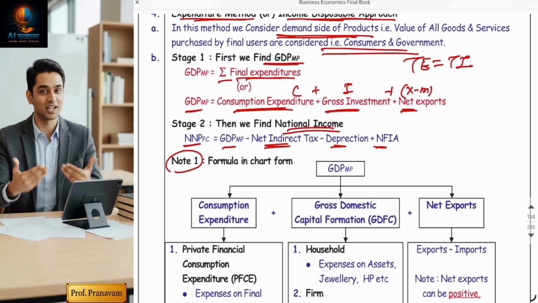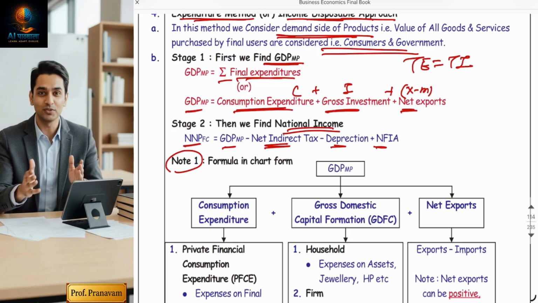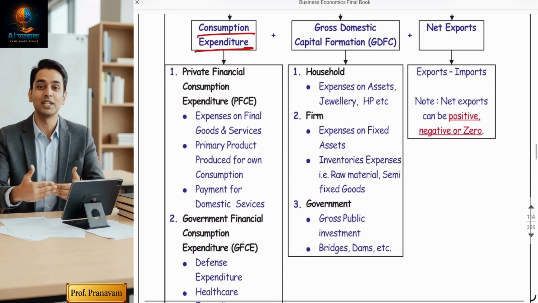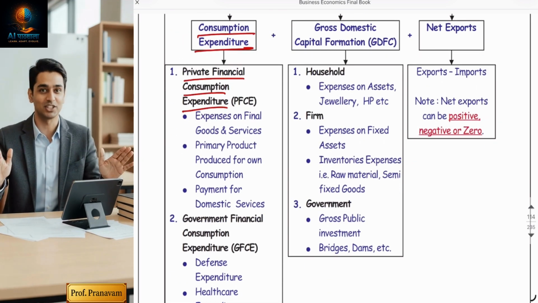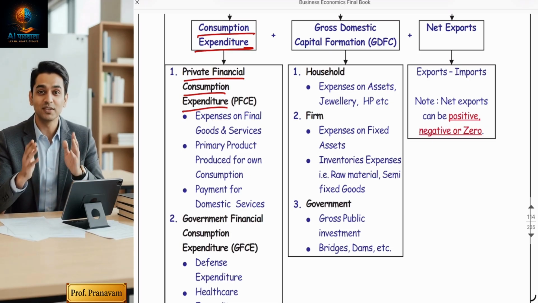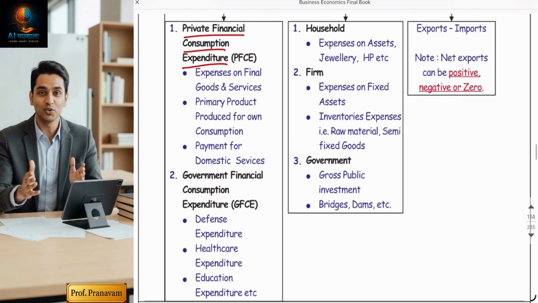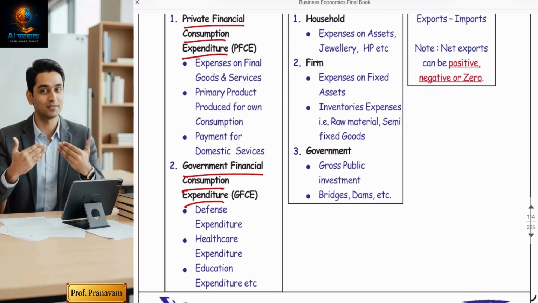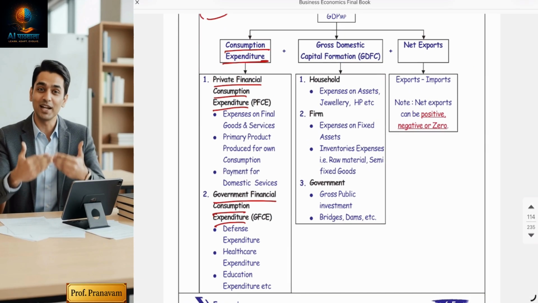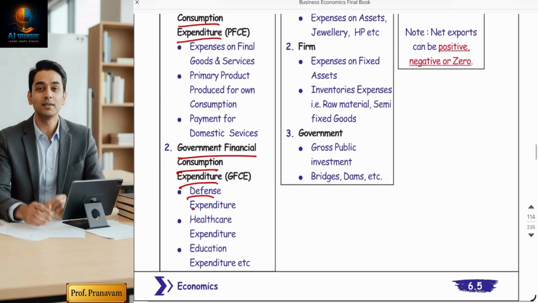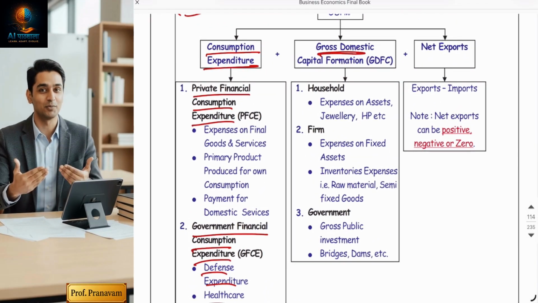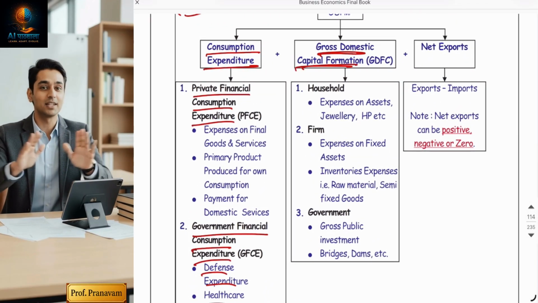Note number one: how to get GDP at market price. Consumption expenditure means private final consumption expenditure. PFCE means expenditure incurred on final goods and services by consumers. And GFCE is government final consumption expenditure. Sometimes in the exam, that is defense expenditure, healthcare expenditure. Then investment, gross domestic capital formation.